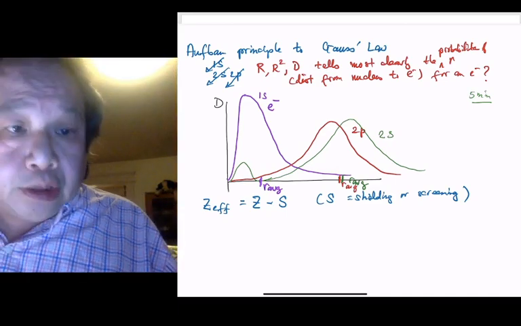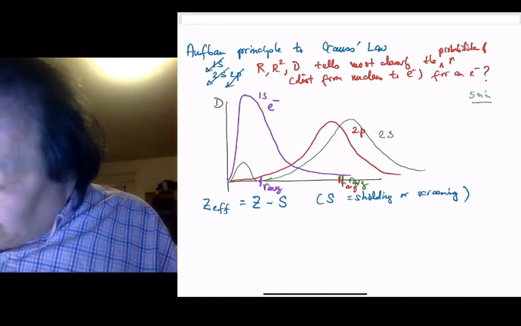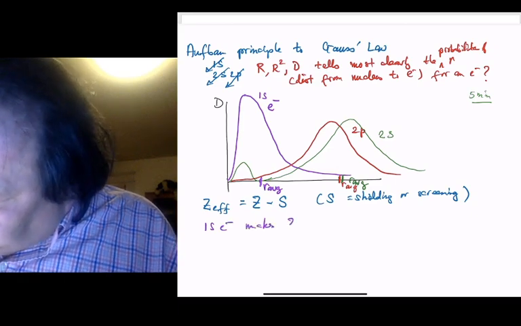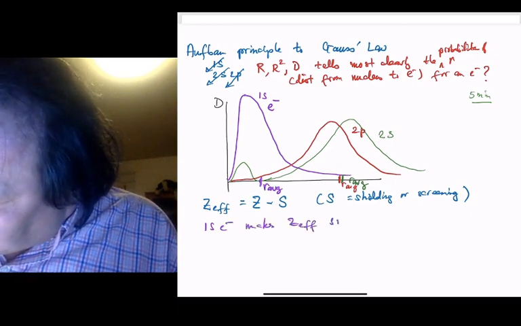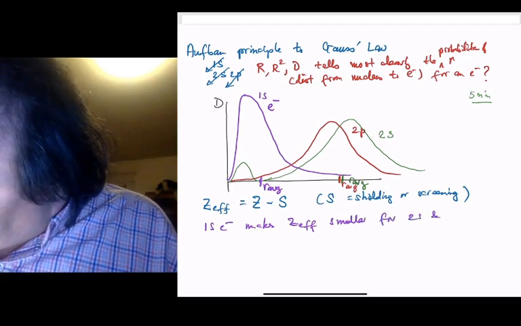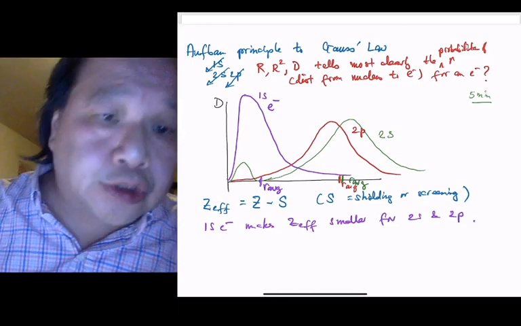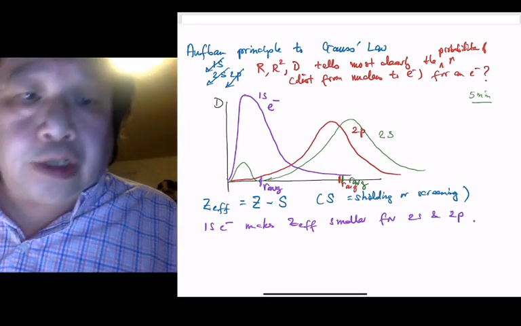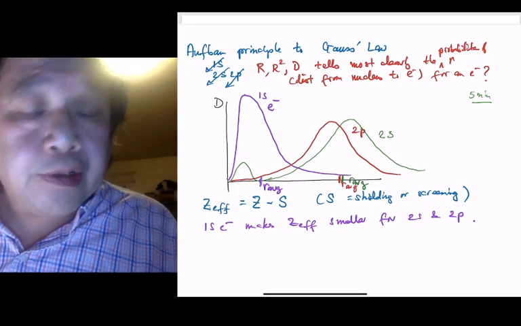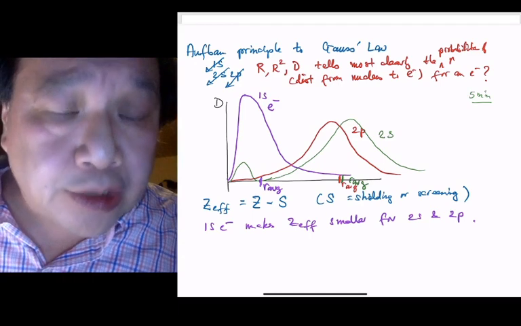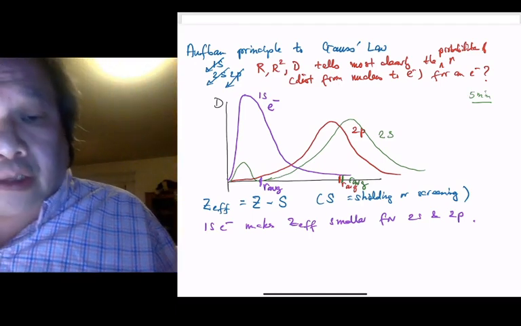And the answer is, the 1s electron makes Z effective smaller for 2s and 2p because according to Gauss's law, the 1s electron sits on the inside. There you see it in the distribution functions on the inside, and therefore it's as if it's at the nucleus, canceling this. It's a minus charge canceling out the nuclear protons.